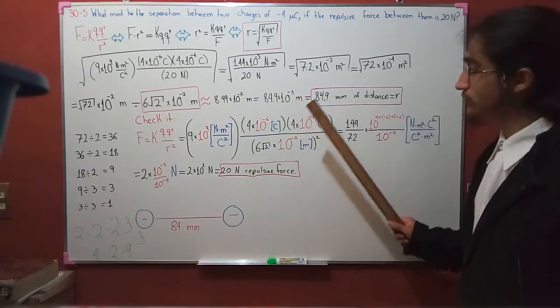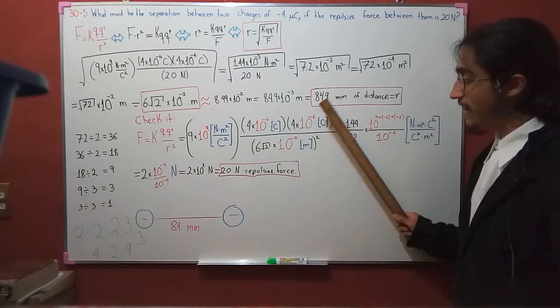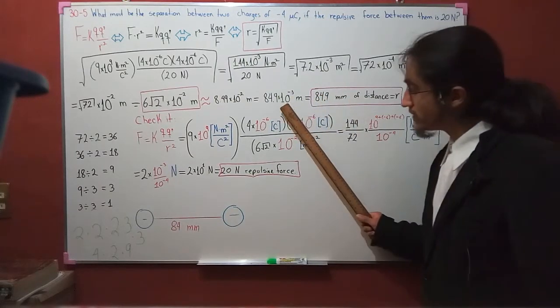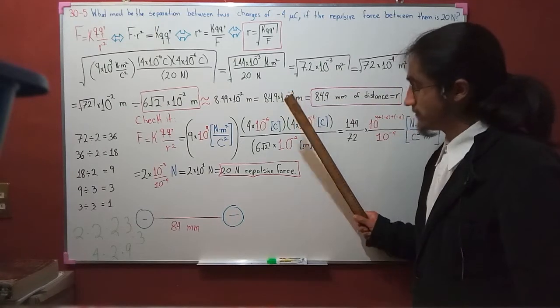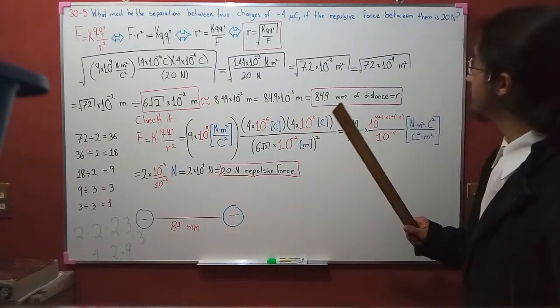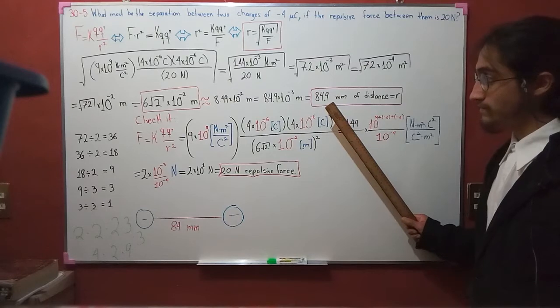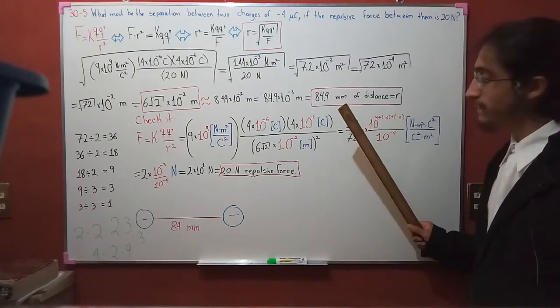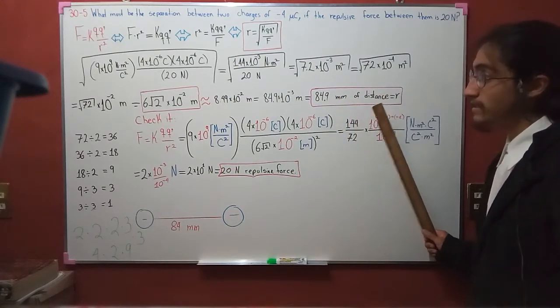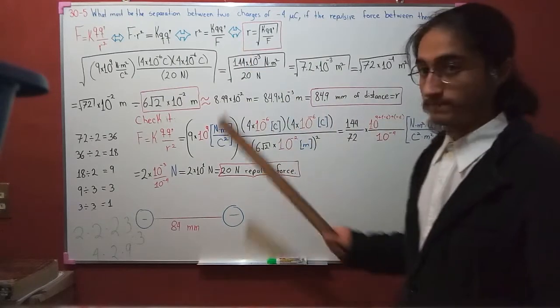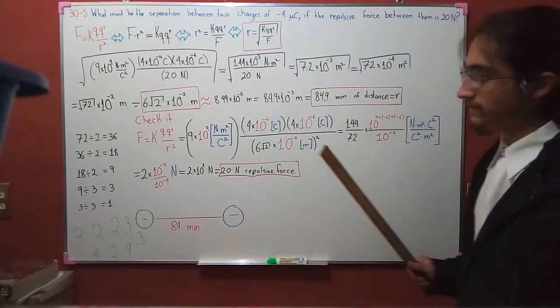It's equal to 84.9, and 10 raised to the power of negative 3 is the same as milli. So millimeters of distance, because this is r equal to r.